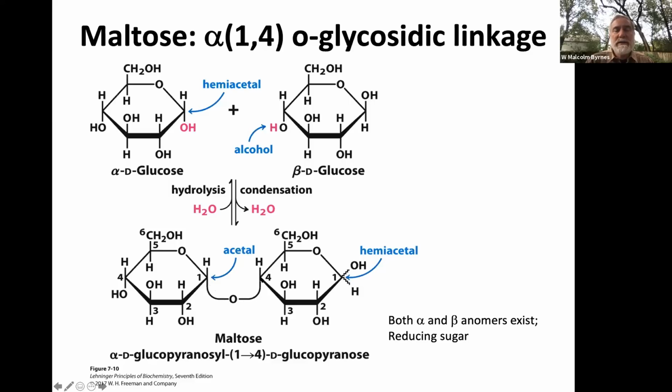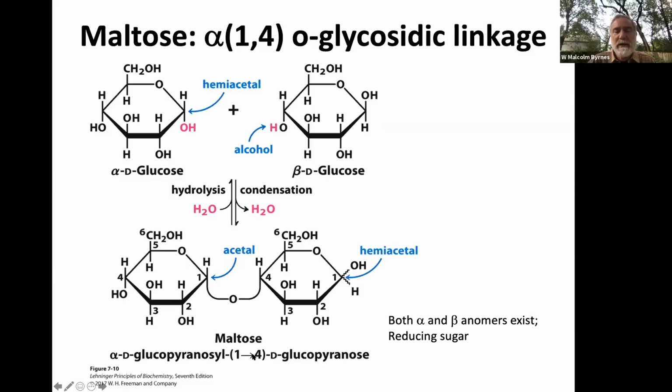Now, this OH on the glucose on the right at position 4 is always down. It can't be up or down, right? You can't have two different anomeric forms in relation to the fourth carbon. Only the first one, right? So it's an alpha 1,4 O-glycosidic linkage, or using a really long, complicated name, alpha D glucopyranosyl 1,4-D glucopyranose.